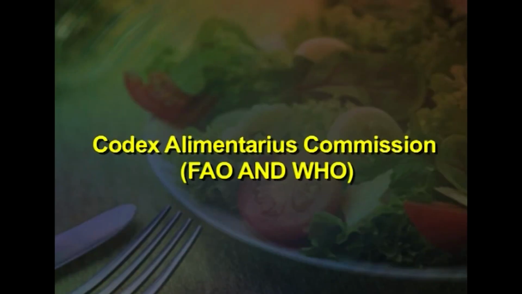The CAC was created in 1963 by FAO and WHO to develop food standards, guidelines and related texts such as codes of practice under the joint FAO and WHO food standards program.